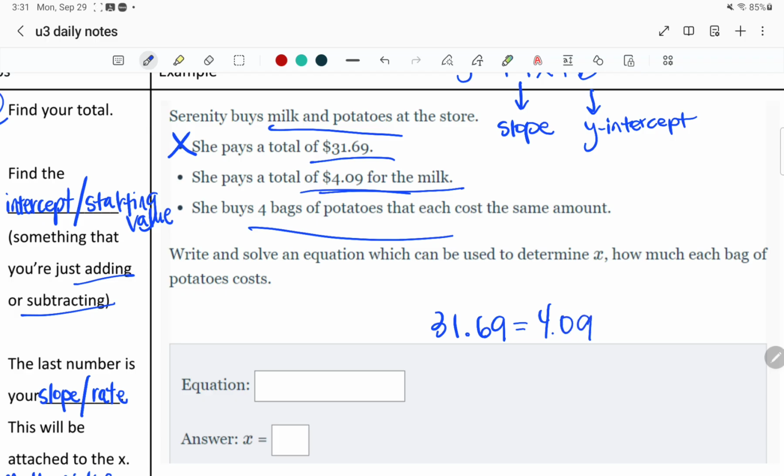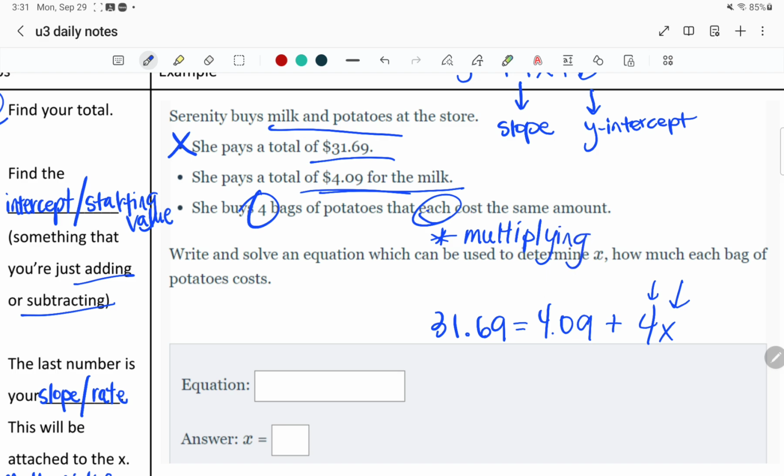But then I paid something 4 times for 4 bags of potatoes. So this is how I would write my equation. 4 bags of potatoes times how much each cost. So circle each for me. And we're going to say this is a multiplying word. If you couldn't see it in any other way, this to me says that this is multiplying.